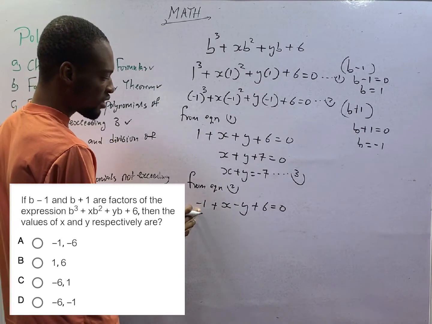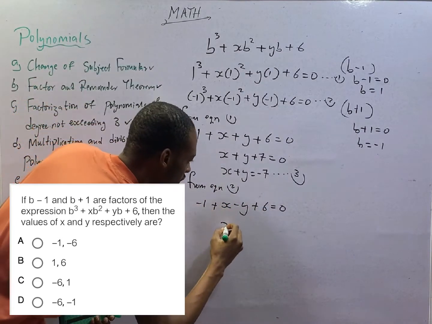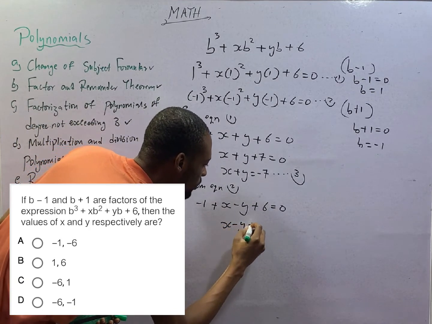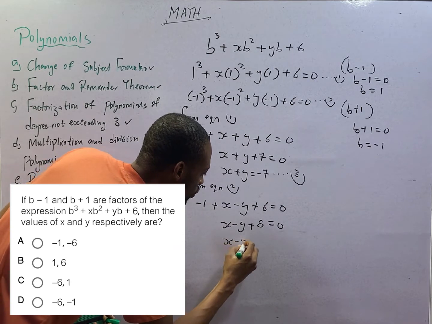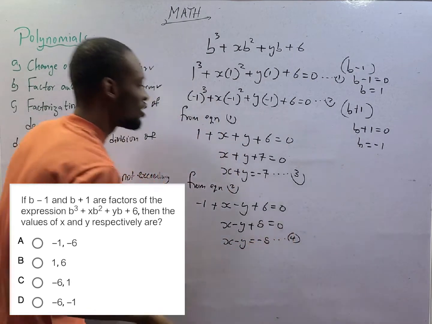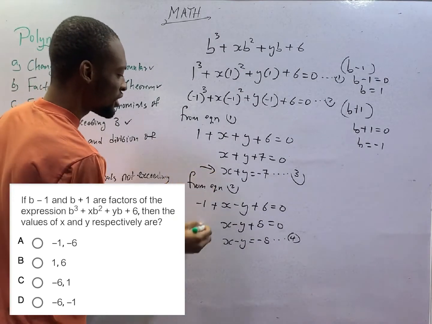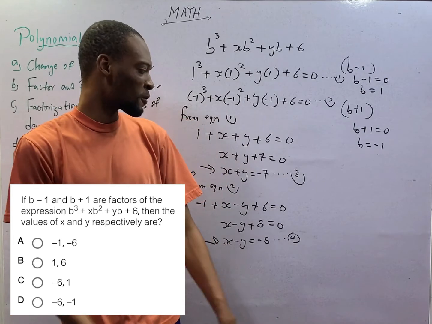Minus 1 plus 6, that is 5. So s minus y plus 5 is equals 0. S minus y is equals minus 5. Let's call this equation 4. You can see that from equation 3 and equation 4, we've arrived at a simultaneous equation.